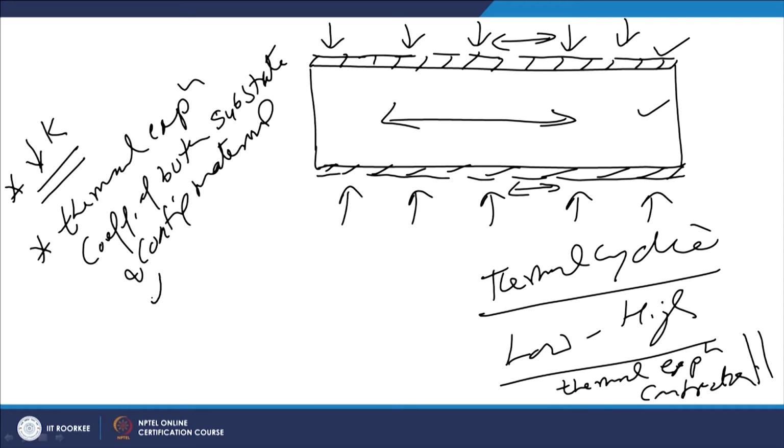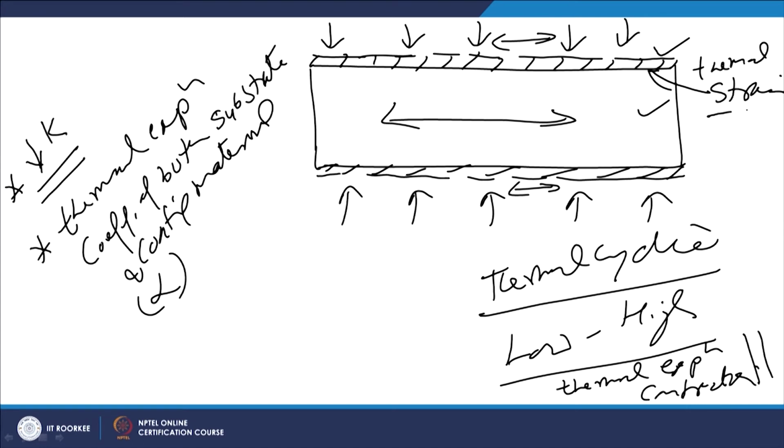If the alpha value, that is thermal expansion coefficient, differs significantly between them, then one material will be expanding more than the other, and this will put a lot of thermal strain at the interface.